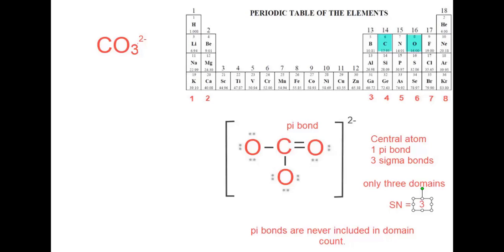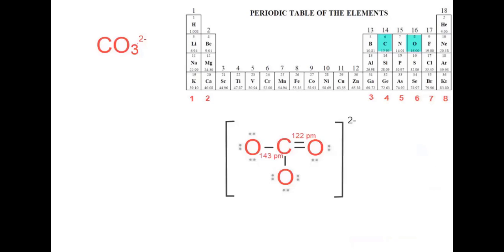Okay, now, next complication. Double bonds are stronger than single bonds. There's more attraction between the two atoms. There's our sigma bond, and then there's our pi bond, and both of those are going to pull the two atoms closer together. And typically, a carbon-oxygen double bond is 122 picometers.